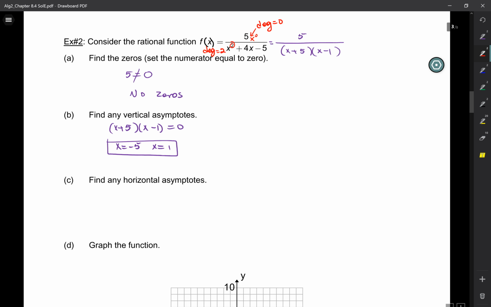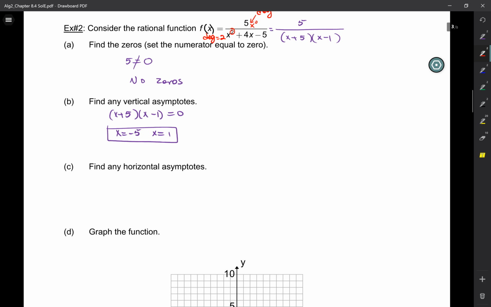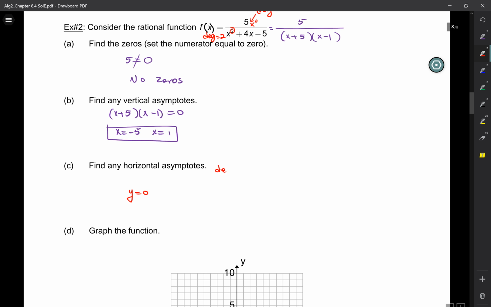Degree is 2. What happens if the denominator has a higher degree? What's the asymptote? Not 0, y equals 0. Okay? Y equals 0. So the degree in the denominator is greater.